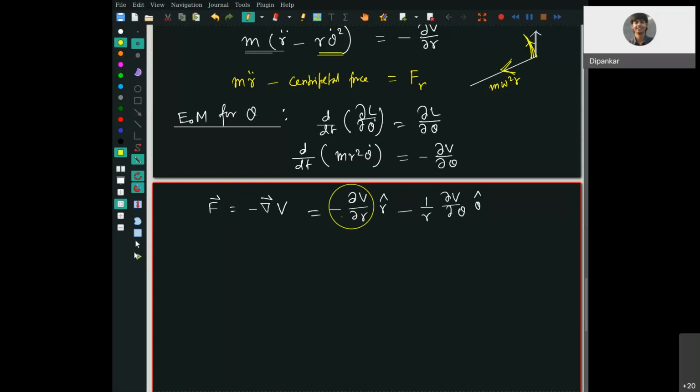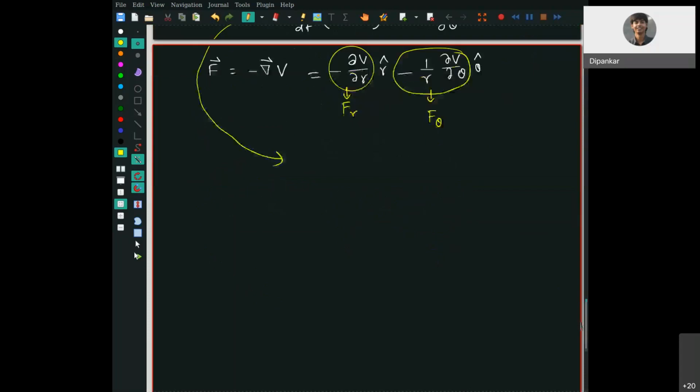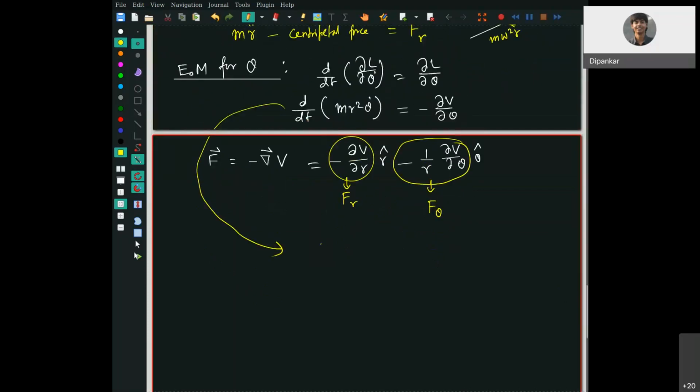This is your r component that I wrote as f r, and this is your theta component, f theta. So the equation that you have here, d dt of m r square theta dot, equals minus del v del theta, which, if you notice, is r times f theta.